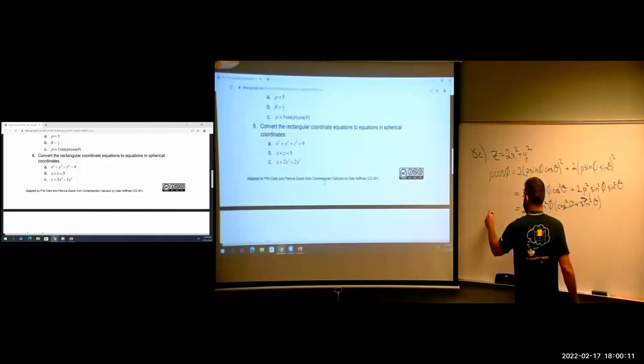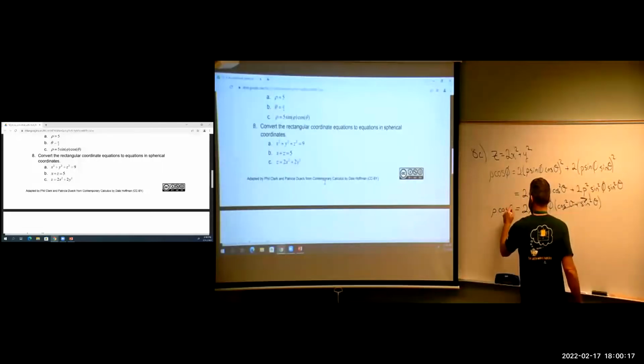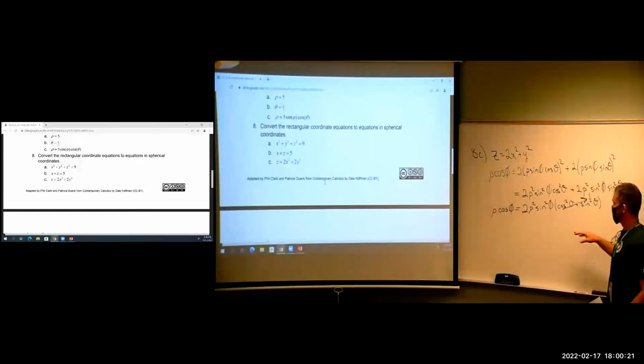Now this is equal to rho cosine phi. What we like to do is solve for rho, just like in polar whenever we can we like to solve for r, or in rectangular we like to solve for z.